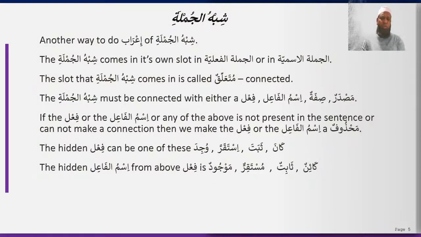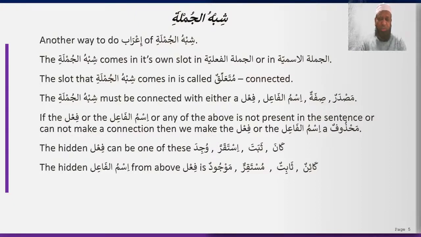What is a Shibhul Jumla? We've learned a Shibhul Jumla is either with a dharf and mudaf ilay after it, or jar and majroor. Shibhul Jumla comes in a slot in Jumla Fi'liya or Jumla Ismiya. The slot that Shibhul Jumla comes in is called muta'alliq, connected.